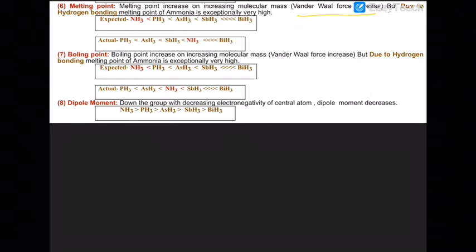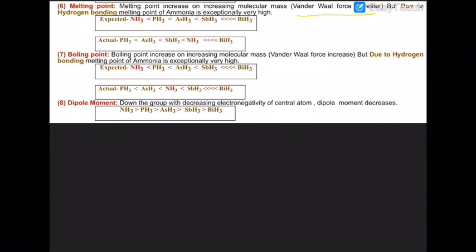So ammonia is second only to bismuthine in this case. All other hydrides of group 15 have less area in comparison to bismuthine. Ammonia is able to show higher melting point due to its ability to form intermolecular hydrogen bonding.